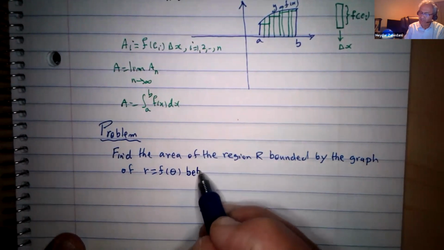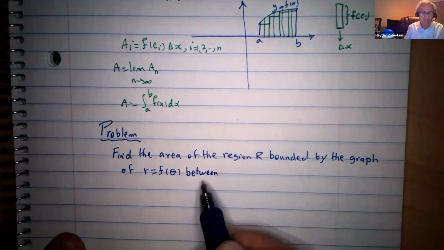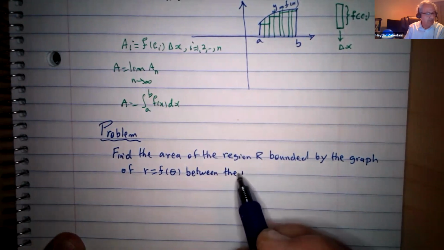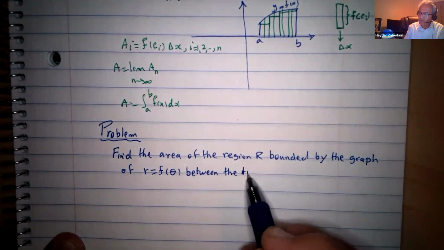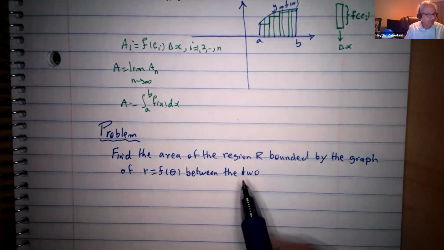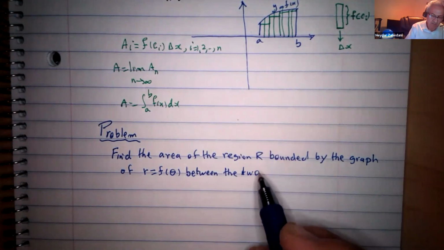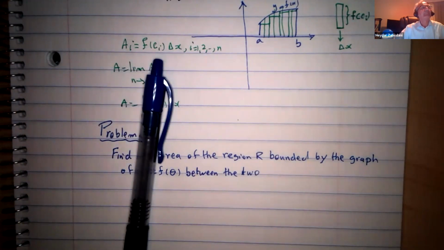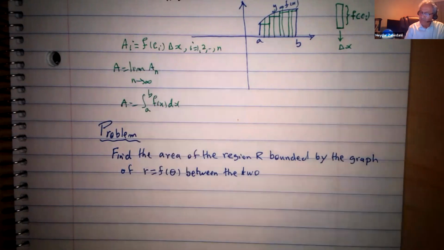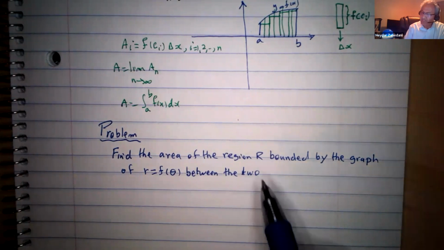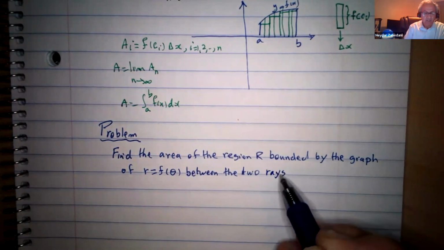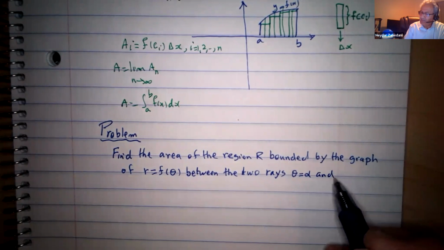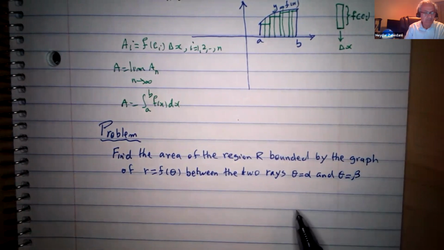You need two numbers, and the numbers are going to be angles. So it's going to be between two rays, and that's going to be two values of theta: theta equals alpha, and theta equals beta.